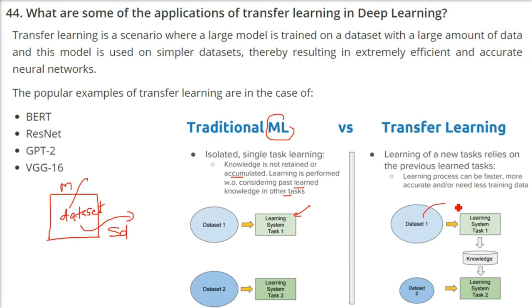Transfer learning of a new task relies on the previously learned task. So the knowledge you get from the first data set, you are sharing it for the second data set. So the learning process can be faster, more accurate and need less training. That is how transfer learning is important, and popular examples are BERT, ResNet, GPT-2 and VGG16.